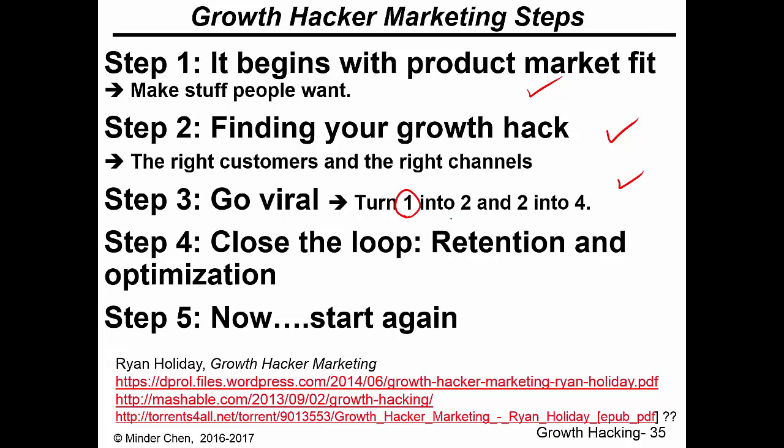So one customer tells another, that becomes two, and each one of them tells another, so two turn into four. Step 4, close the loop. Once you track people coming to your website or mobile app, you try to retain them and then optimize their experience on your website or app. And then you can go back and start again to attract more users.